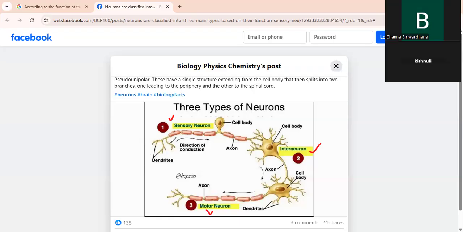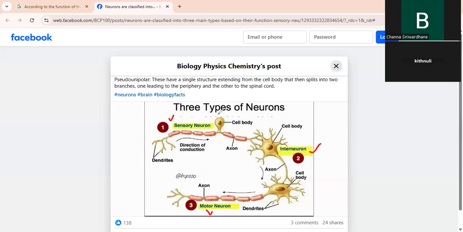Stimuli come from there. Look at the difference here. The cell body is in the middle of the axon. These are myelin sheaths. Now, this is the cell body. Did you see it?